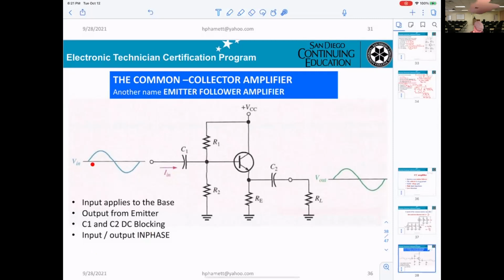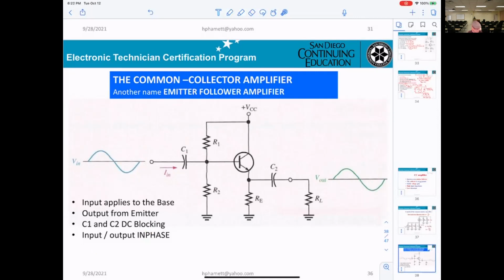You see that input goes up, output goes up; input going down, output going down. That's the total thing you must know. If you do not want to go into detailed calculation, I don't care, but that's the minimum thing technicians have to know.